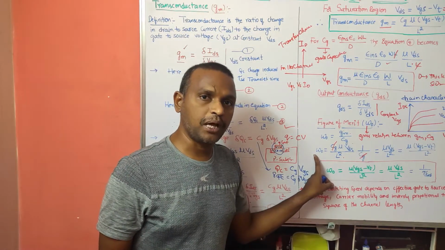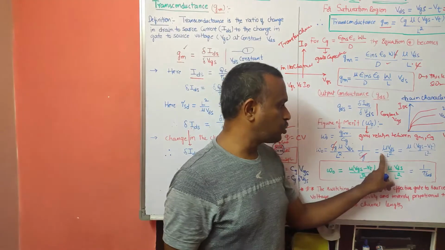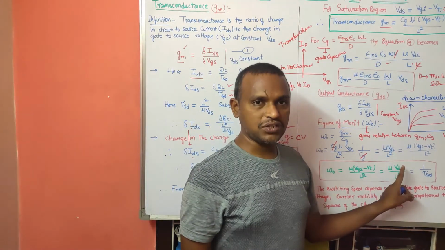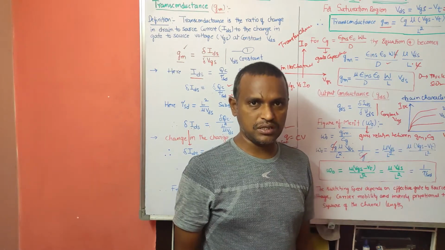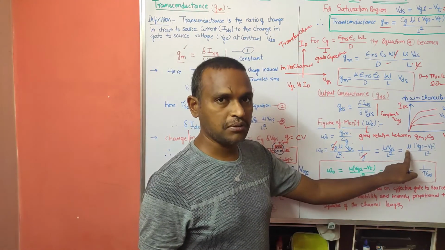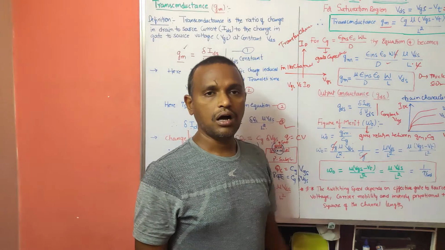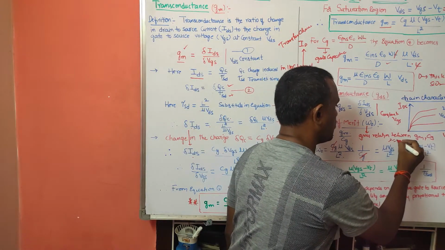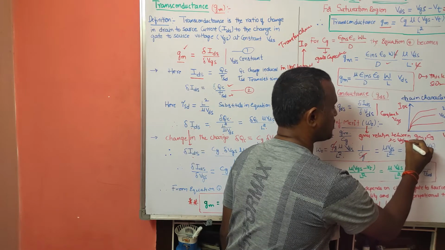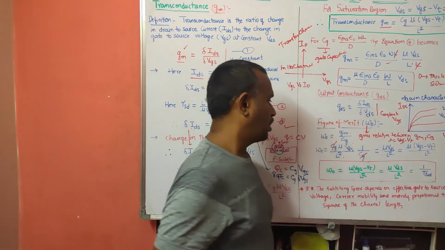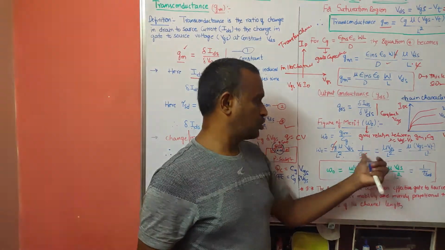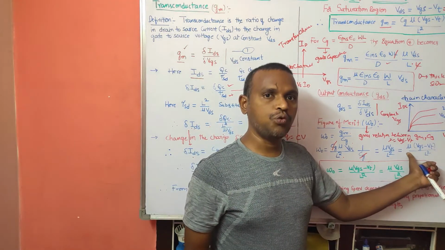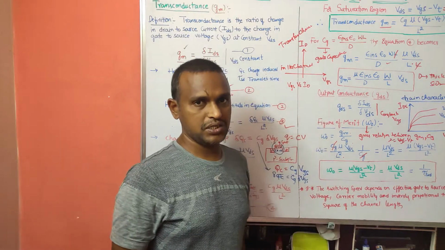So what is the figure of merit? Omega naught is equal to mu Vds by L square. But for the saturation region, its equation also becomes mu times Vgs minus Vt by L square, because Vds is equal to Vgs minus Vt. So the figure of merit is equal to mu Vds by L square, or we can also write it as mu (Vgs minus Vt) by L square.